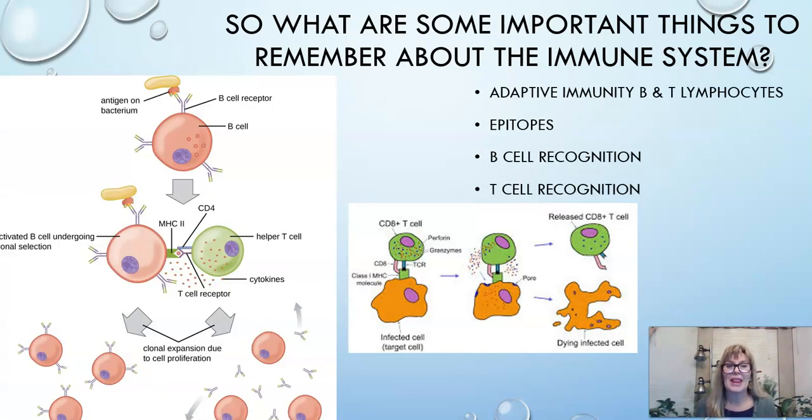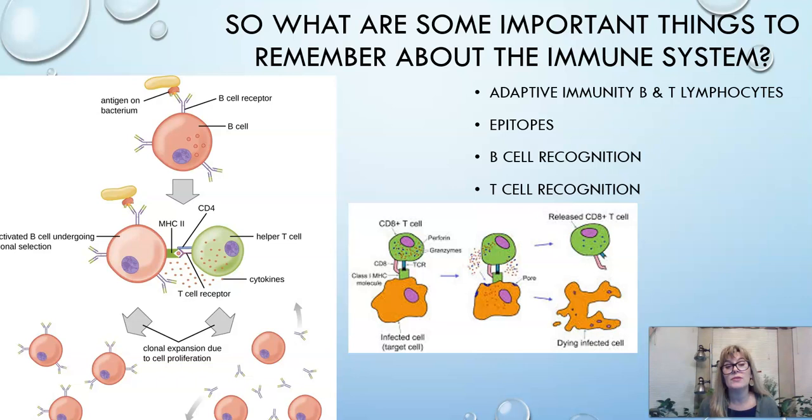So let's look a little bit more at B cells and T cells, shall we? So B cells, when they encounter some information about a foreign body or an antigen inside of your body, are going to initiate a response.